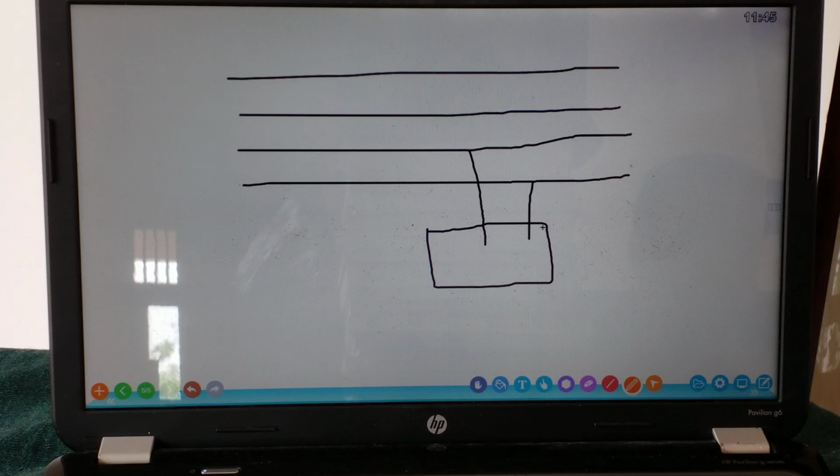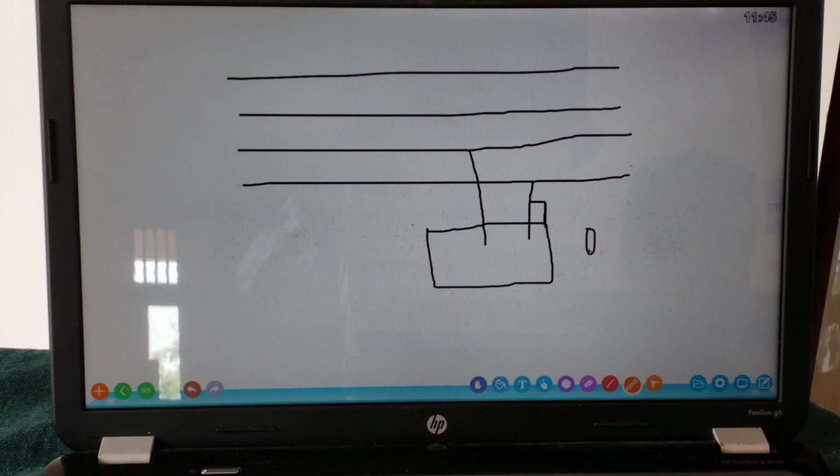What we do is, we are not going to connect neutral to our metallic body. We will give a separate path to our neutral, away from the body parts.